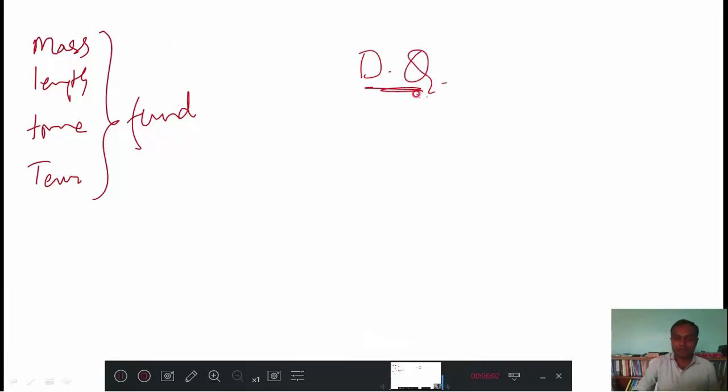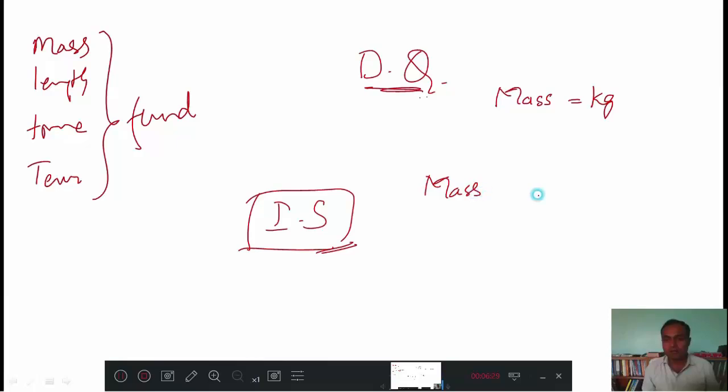Understood? Now when you come to the international standards of dimensional analysis, mass we call a capital M, the fundamental quantity length we term a capital L, time we call T, and temperature we measure as theta.